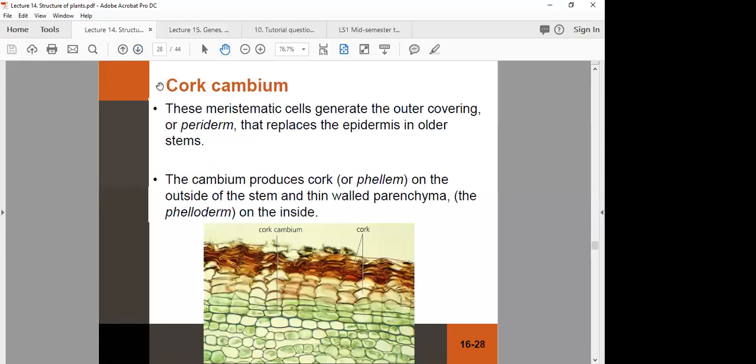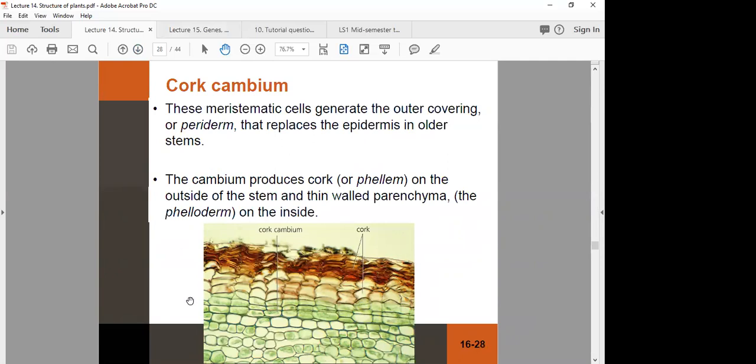Now let's look at the second of the secondary cambiums, and it's called the cork cambium. And these meristematic cells generate the outer covering of the stem or the trunk, and that outer covering is called the periderm.